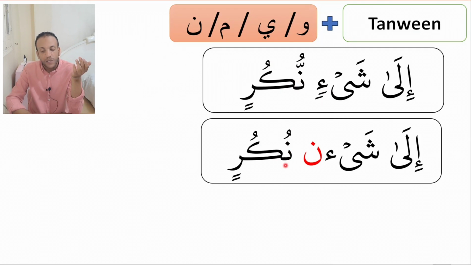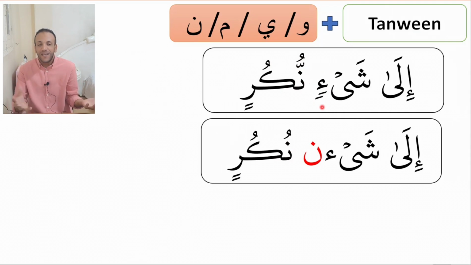So one consonant, one with vowel, we merge them and write them like one letter with shadda. Idgham means to put one consonant letter into the letter with vowel until they become like one letter with shadda. This is what the rules say, and this is how to apply it.